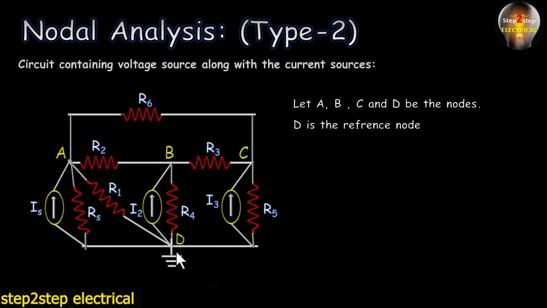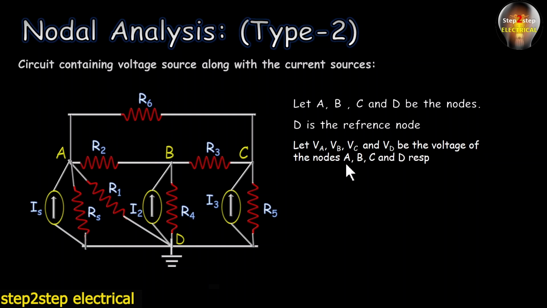Let's ground it. One thing you have to assume is the voltage of each of the nodes. So let VA, VB, VC and VD be the voltages of nodes A, B, C and D respectively. As node D is grounded, we can easily write VD is equal to 0 volt. So let's apply KCL.